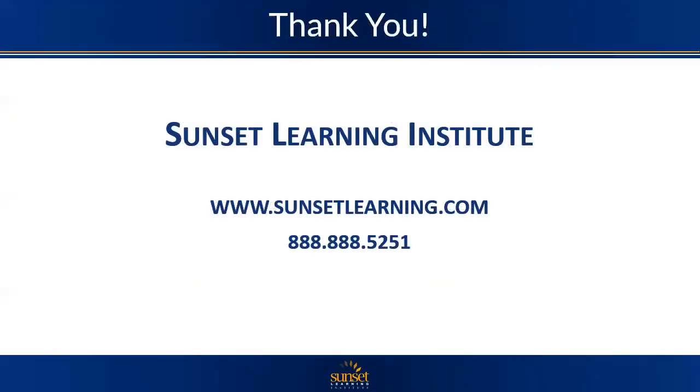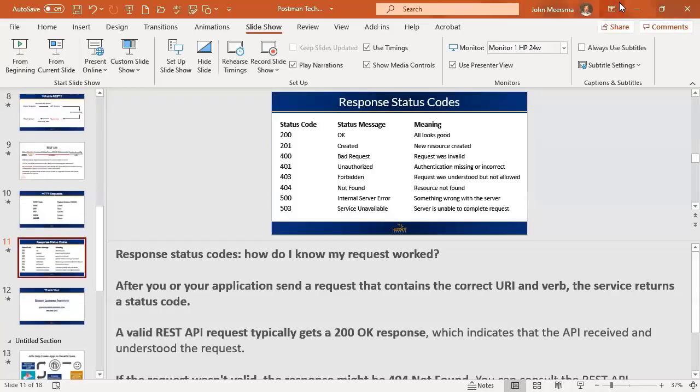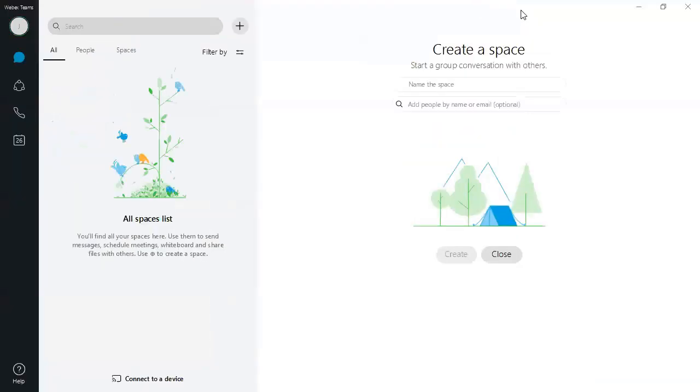Okay, we're not done yet. Now, with that in mind, there are many ways to go about this, but I'm going to show you a few things real quick. Give you a couple examples. So here is Cisco Spaces, WebEx Spaces.